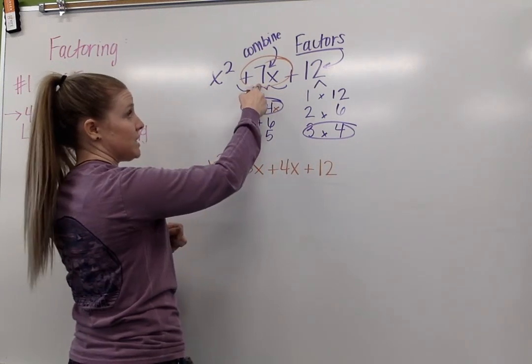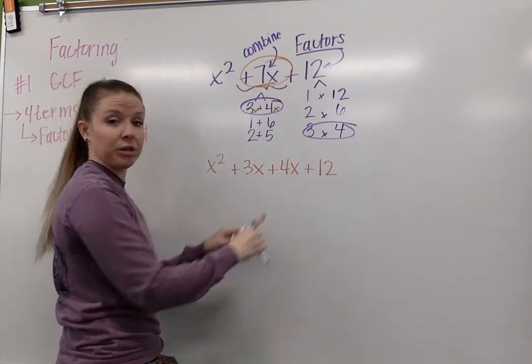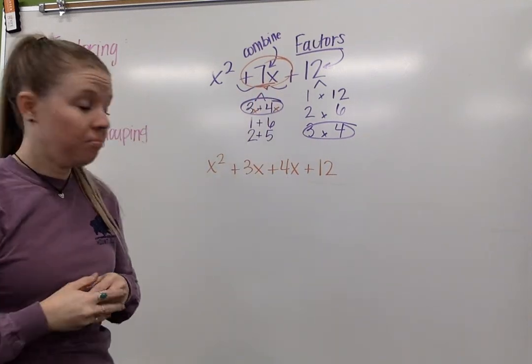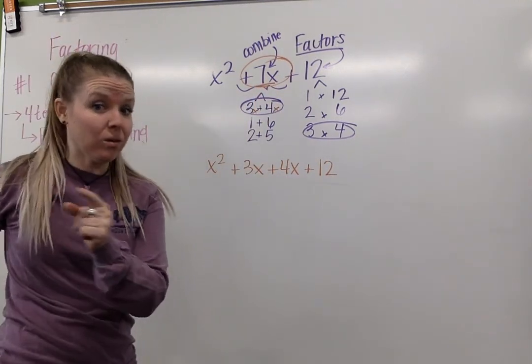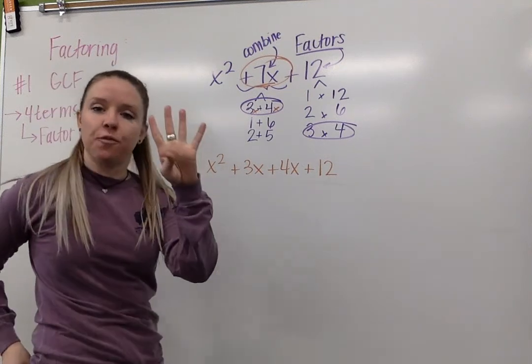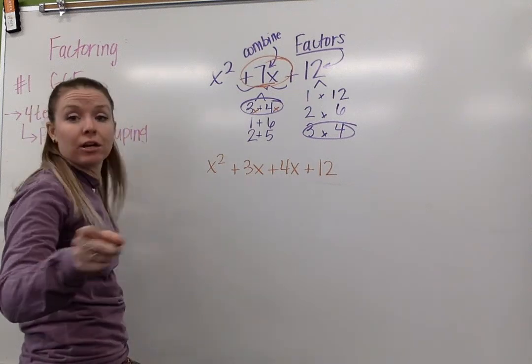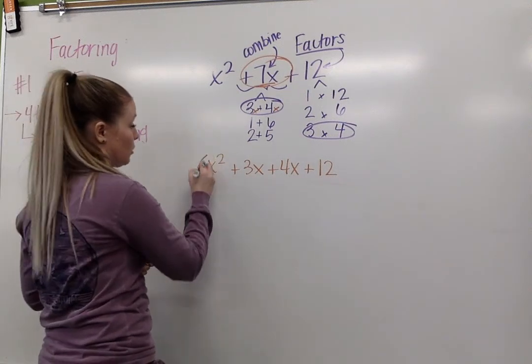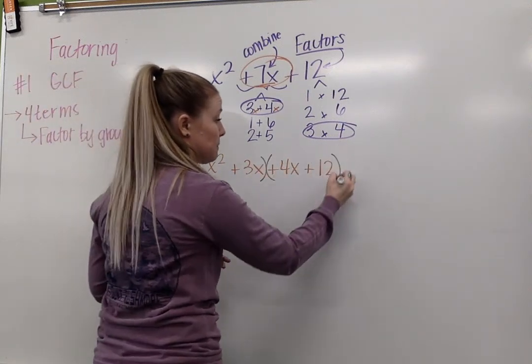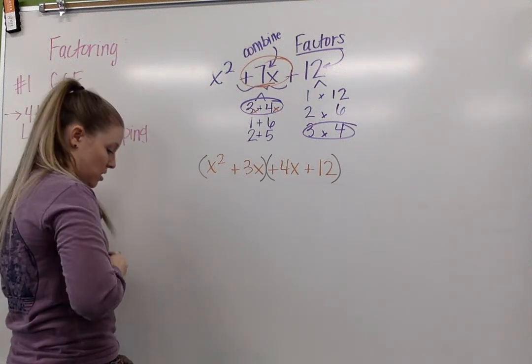All I did was take this 7x and split it. That's it. And now my polynomial has 4 terms, so I can go ahead and factor by grouping. I can group my first 2 terms and my last 2 terms.